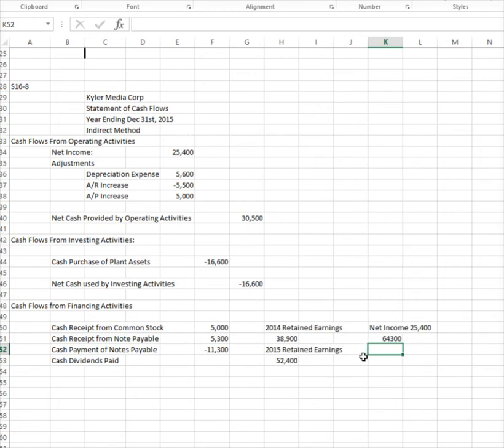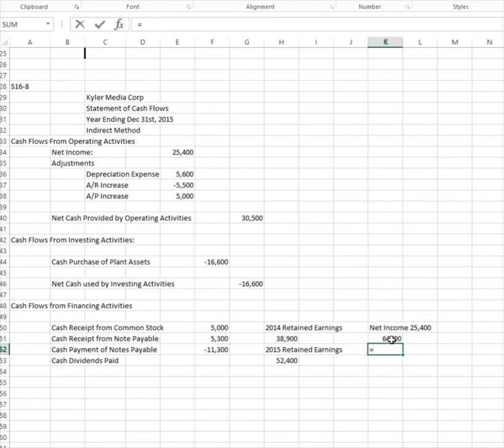So what does that tell us? It tells us that we did pay dividends, and to find out how much in dividends we paid, we take the amount that should be in retained earnings and subtract out the amount that actually is in retained earnings, and the difference between those two will end up being the amount that we paid in dividends for the year.